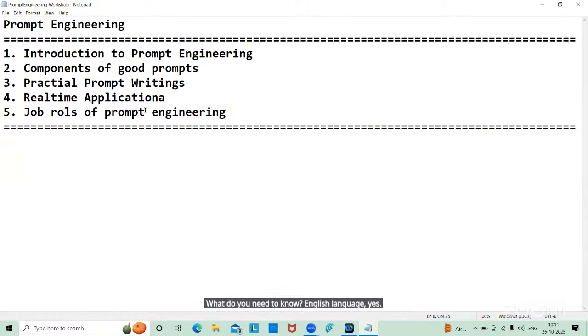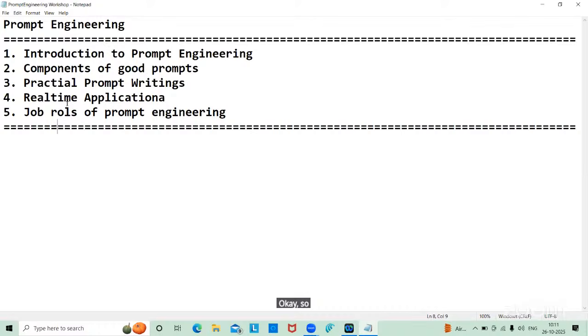Yes, very good. So you don't require anything else. Good English, and you need to have some technical terms. If you know this, then you can easily become a prompt engineer.